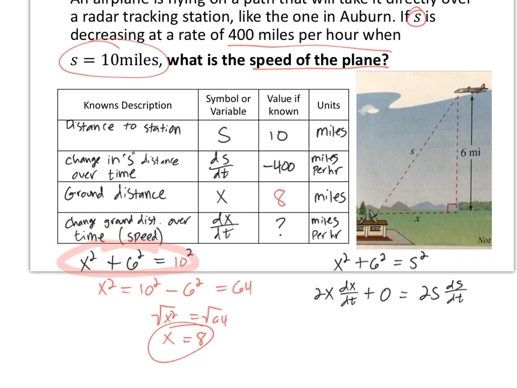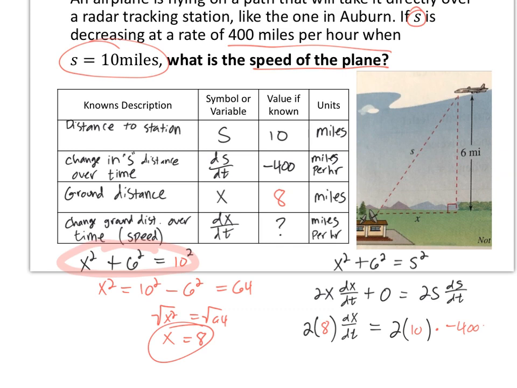So 2 times my x value, which is 8, times dx/dt, the thing that I'm looking for and what I'm going to solve for, is equal to 2 times my s value, which is 10, times ds/dt, which is actually negative 400.